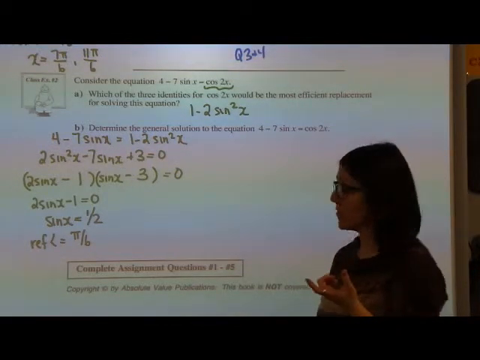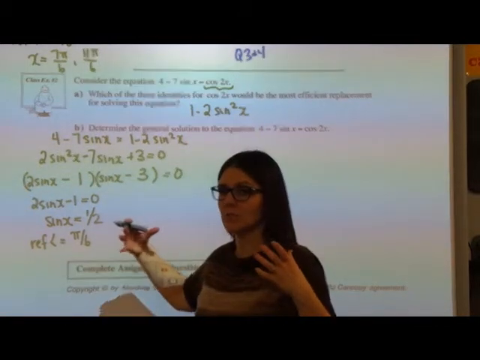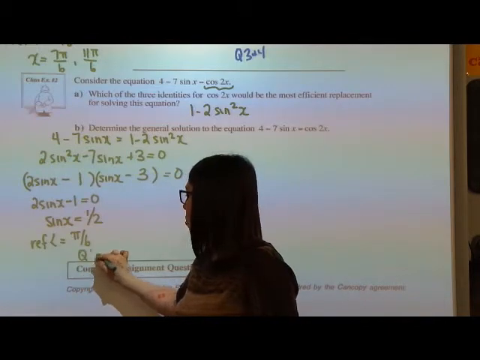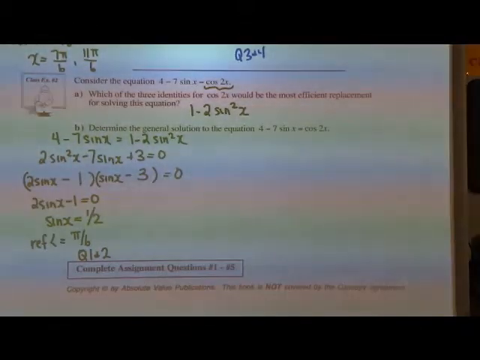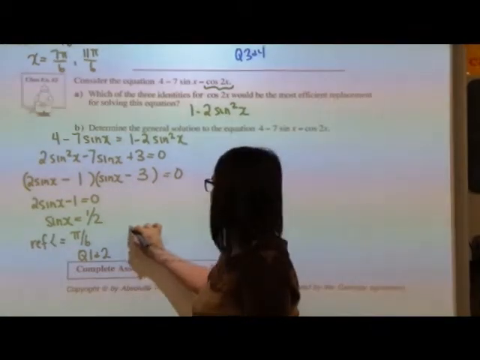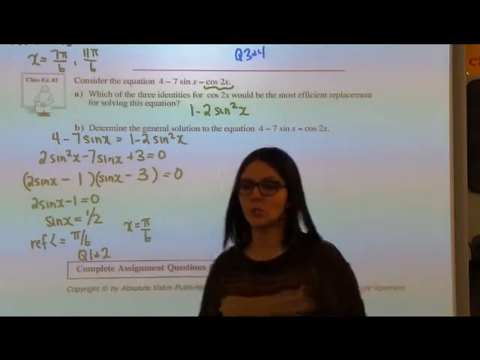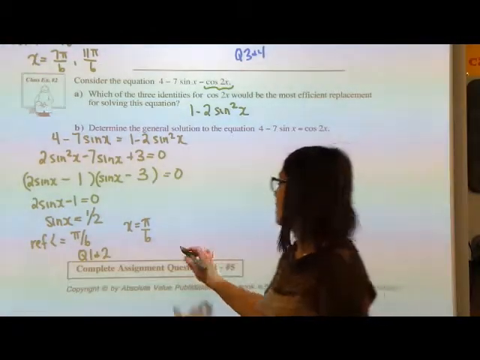So first of all, I still figure out what are my solutions in the first rotation. So quadrants 1 and 2. What is x going to be in quadrant 1? π/6. And what is it going to be in quadrant 2? 5π/6.